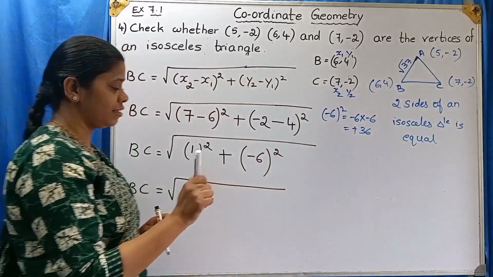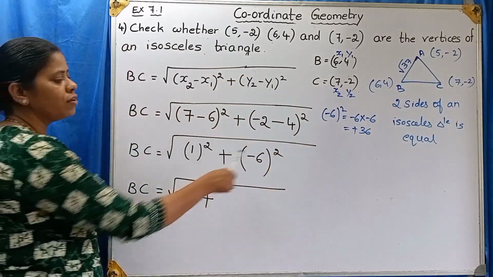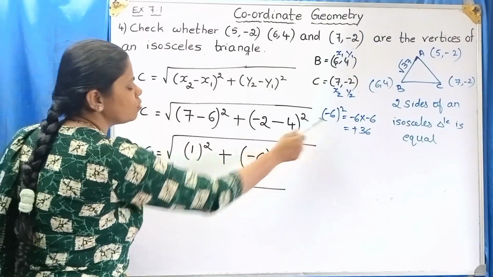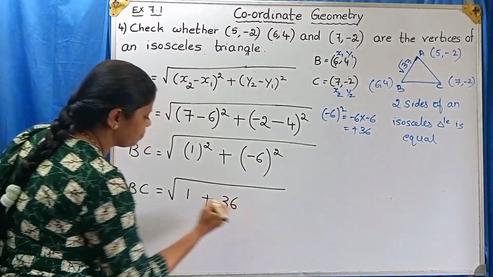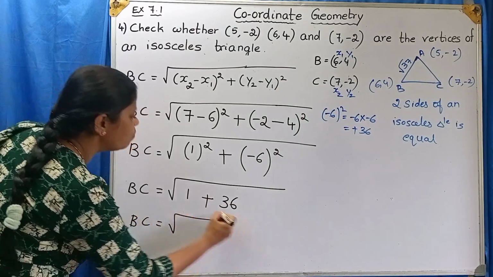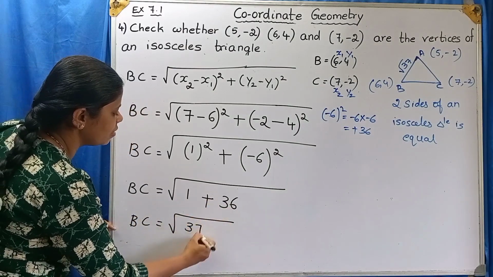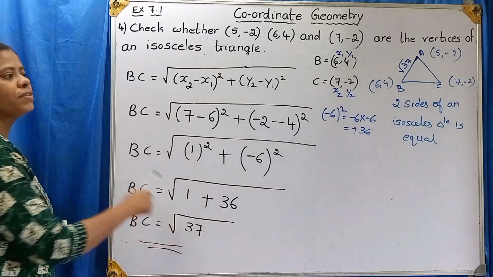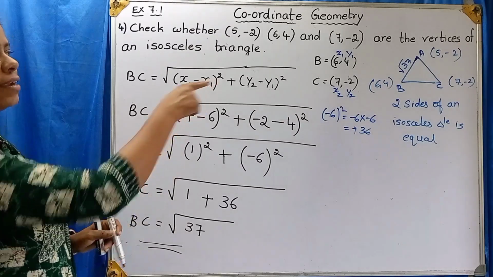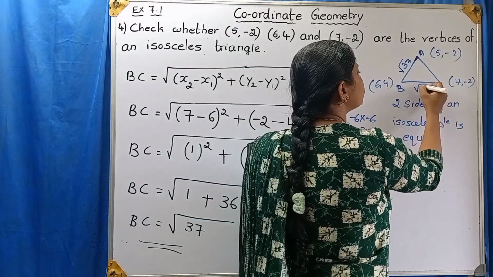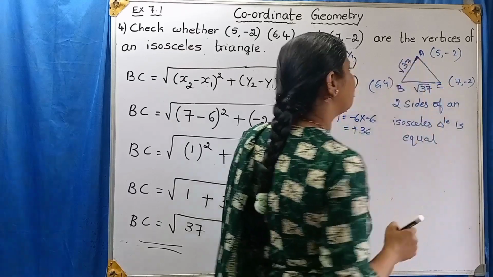When it comes to square, the minus becomes plus. Minus 6 the whole square is 36. BC is equal to 1 plus 36, which is 37. The distance between BC is square root of 37.